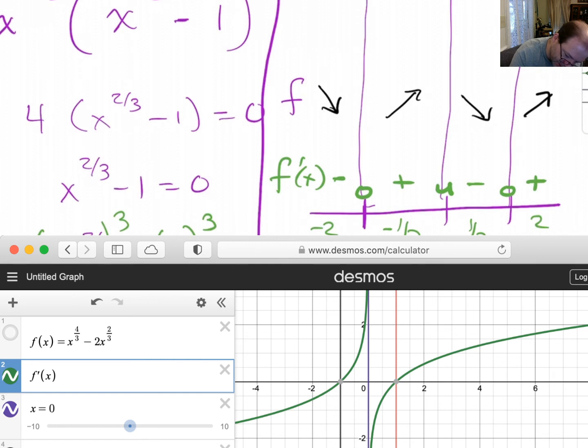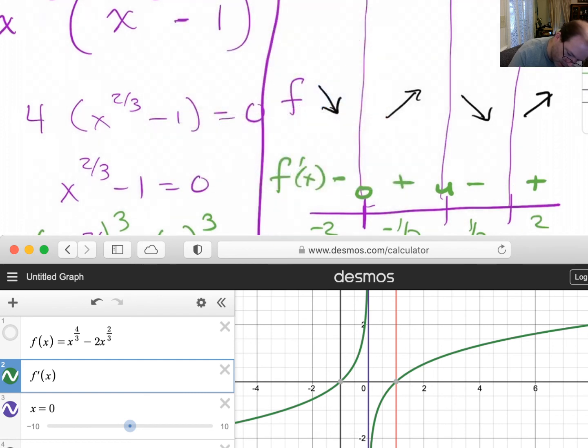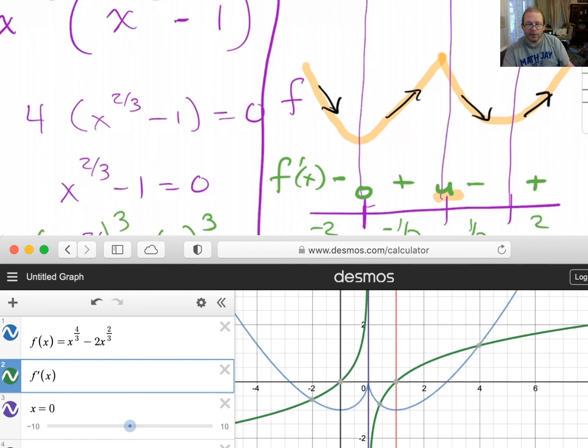So what that tells us is the graph goes down and up. Let me make this a little smaller. The graph goes down and up. And since the derivative is undefined here, it's got a sharp corner there. So the derivative tells us the shape of the graph. And if I make the original graph visible again, you can see it.